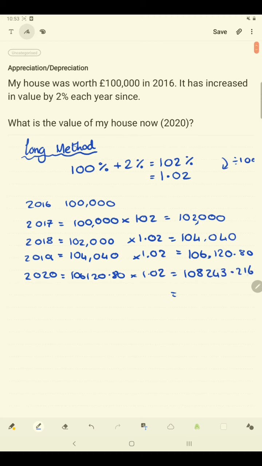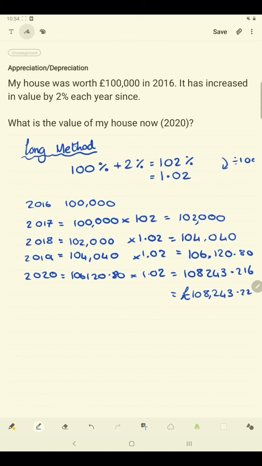Now we're dealing with money, so we have to leave it to two decimal places. So you're going to round that to £108,243.22. So that's the long method.